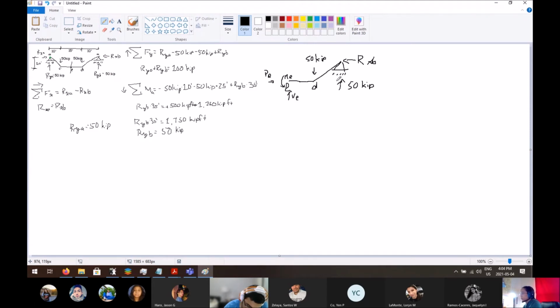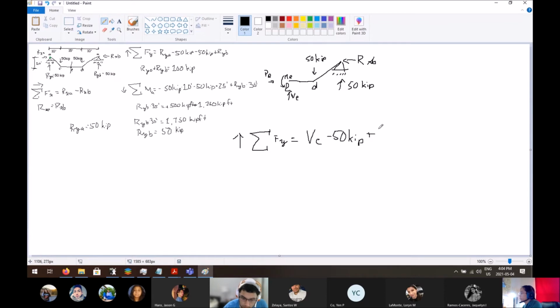Right, so you can take summation of forces. Let's take the y direction first. Fy, up is positive. So we're gonna determine the shear force, right? We don't know what that is right now. So we have up, that's VE. We have a down 50 kips, so minus 50 kips.